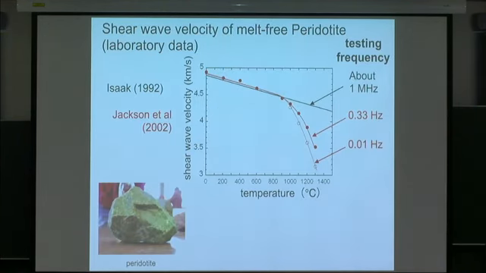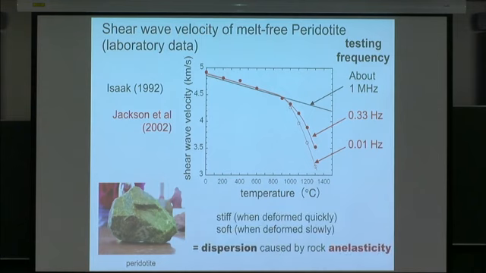So, this difference means that rock is stiff when deformed quickly, but soft when deformed slowly. Such frequency dependence of the elastic response is called dispersion, and the material property responsible for the dispersion is called anelasticity, or anelastic relaxation.